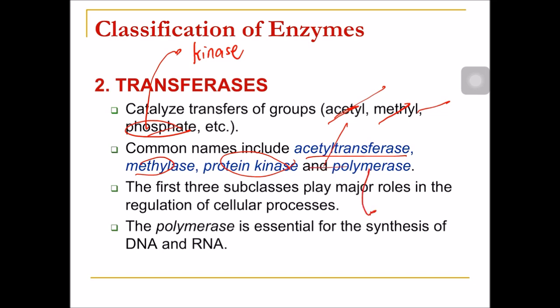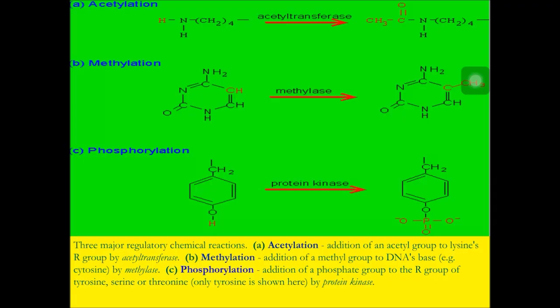Particularly ang polymerase, responsible ito for DNA and also RNA synthesis, that provides transfer of nitrogenous bases to allow elongation of the strand for both DNA and RNA. You will further understand this once you proceed to the nucleic acids part. So, mag-focus muna tayo sa transfer of acetyl, methyl, and phosphate.